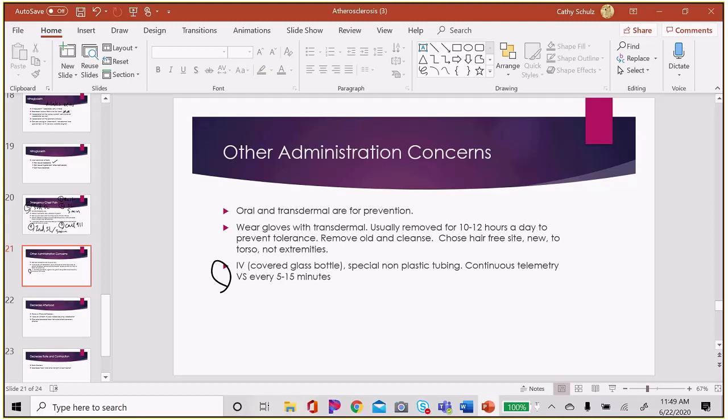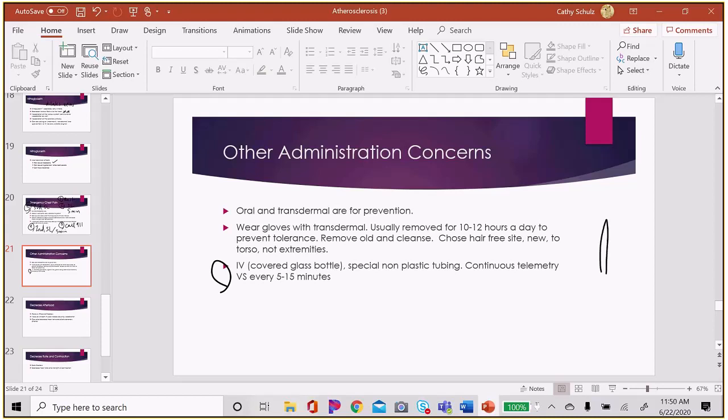So when you're giving IV medication, IV nitroglycerin, you have to be careful. There's special considerations with IV nitroglycerin. It's a glass bottle, meaning that it doesn't collapse like a plastic bag will when you're giving it. So you have to use vented tubing. I'll just say this and then we'll go to lunch.